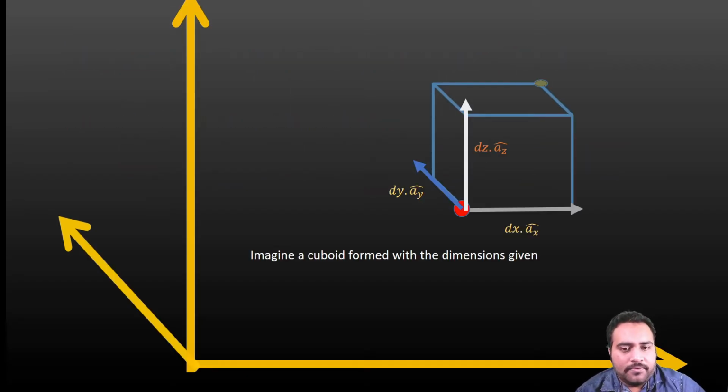Now, imagine a cuboid form. This is the cuboid. See, this is our point B, where there was change in x, y and z. This is our point where there is change only in y. This is our point where there is change only in x. Imagine that this cuboid has been formed.